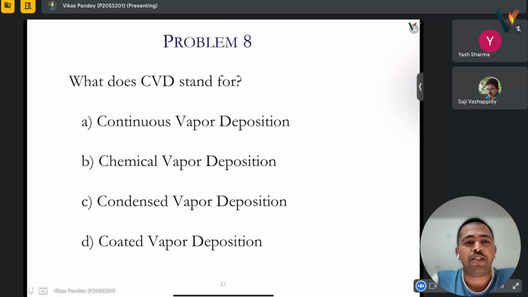What does CVD stand for? Continuous vapor deposition, chemical vapor deposition, condensed vapor deposition, or coated vapor deposition? Chemical vapor deposition.